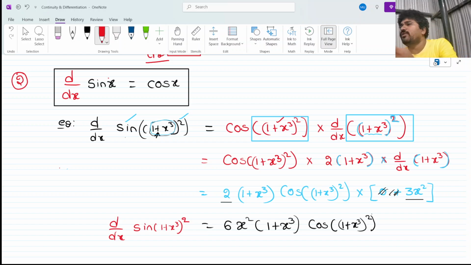With the two formulas which we know, we did this much. One formula, something power n, we know, we did. And the sine formula you know, that also we used. That's it. What is your doubt, Tejas?